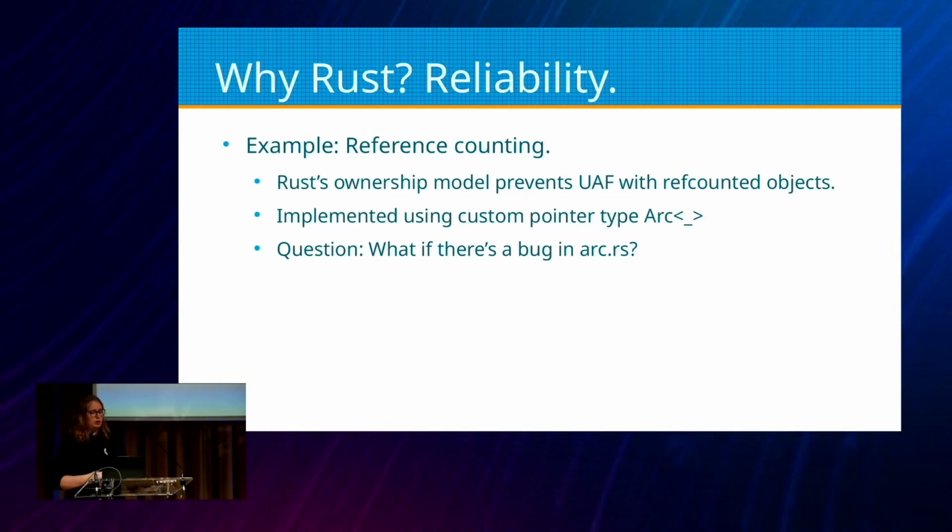One possible ownership model is reference counting, and Rust has something called Arc, atomic reference count, which is a pointer which does that. We actually have an implementation of Arc in the kernel, our own implementation, separate from what other Rust people use. And the API is designed in such a way that if you use it from, say, Rust, you're never going to have a use after free. That's how it's designed.